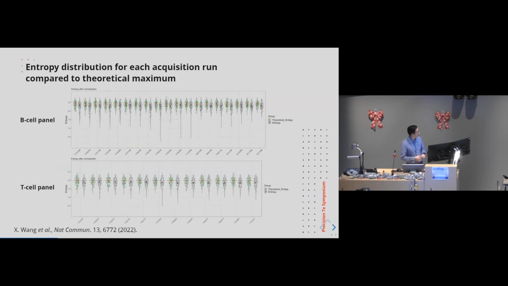For every single date we have two violin plots. The left-hand one is the theoretical maximal entropy, which measures how similar this pooled reactive lymph node is compared to the other reactive lymph node samples we ran in the other batches. We can see that the observed entropy distribution is very close to the theoretical maximum, both for our B cell and T cell panel.